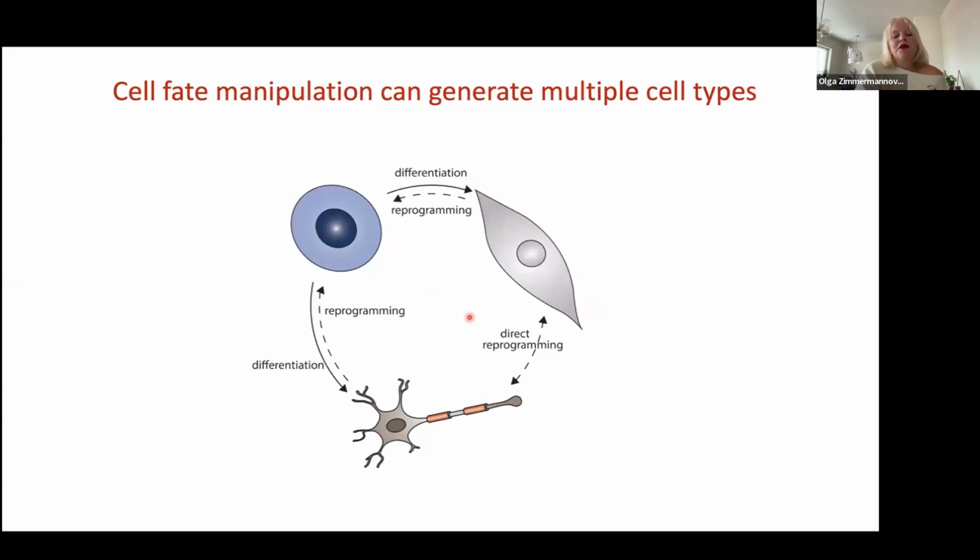We can revert cells back to pluripotency using iPSC reprogramming, or we can take one terminally differentiated cell and convert it to another unrelated terminally differentiated cell type using a process called direct cell reprogramming. The only thing you need to do this is to identify a specific combination of transcription factors, which are then responsible for driving the new cellular identity.